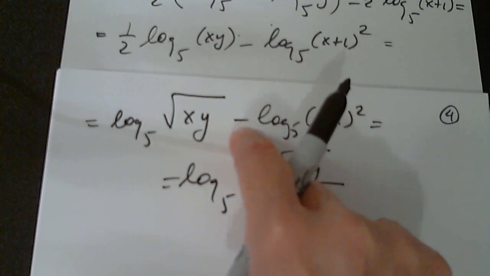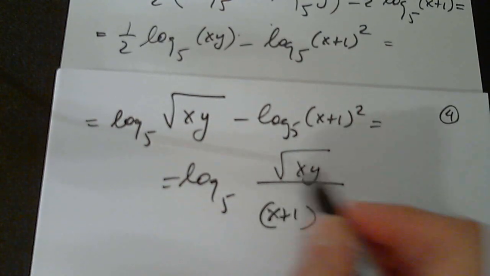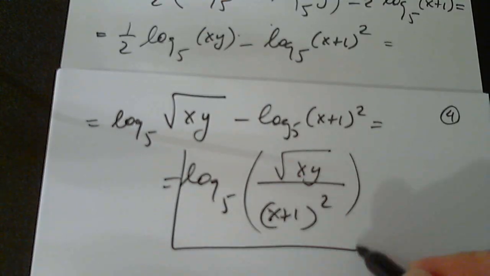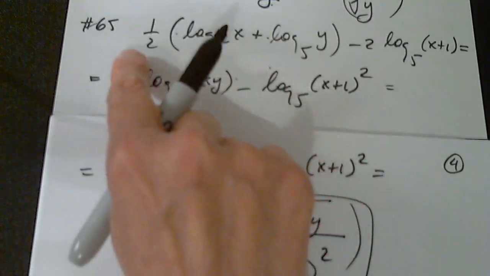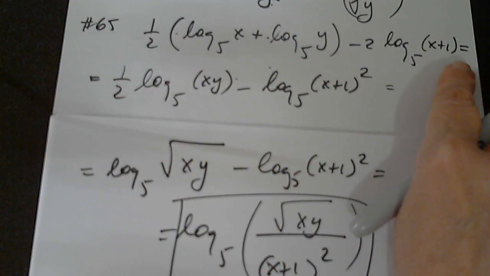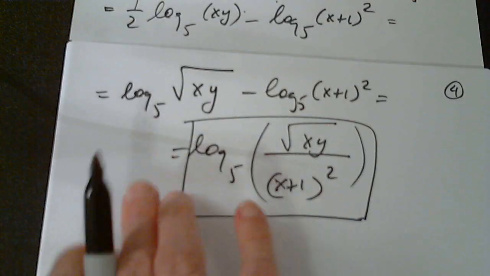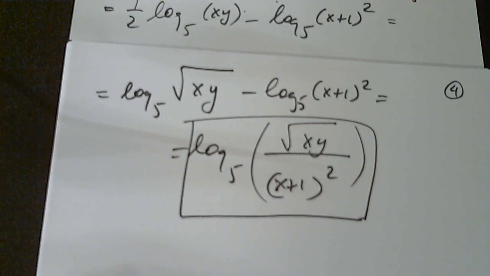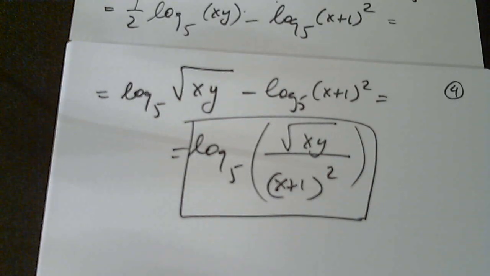If it has minus in front, it's going to the denominator. And this is it. What is this? All this condensed into one log with coefficient 1 outside, nothing else. Everything was taken care of. Any questions? Is this okay?